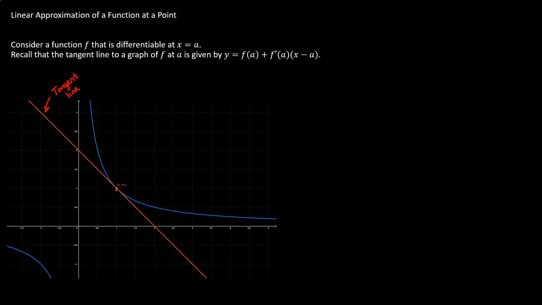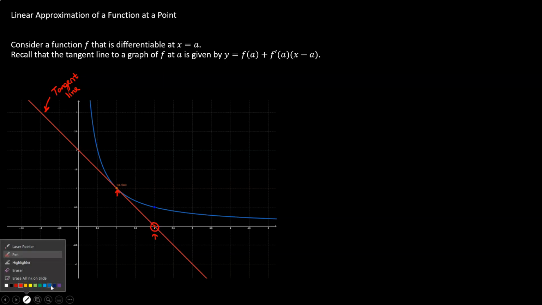So using the known point at x equals a, we've created a tangent line, and we're going to use values on this tangent line to approximate the values on the blue line. Now, when we say that we're going to approximate a function locally, let me show you what that means. If I were to pick a point like x equals 2, the tangent line approximation is here, I've circled it in red.